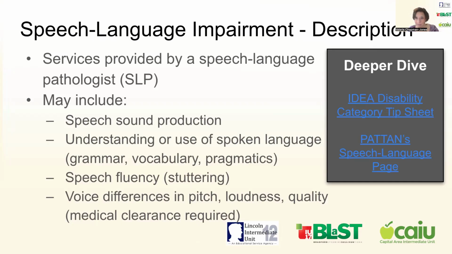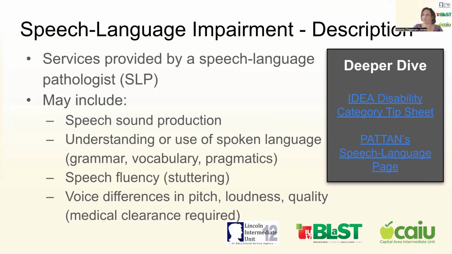Another area that you might not be as familiar with that speech language pathologists provide services in is voice differences. And they have to be differences in pitch, loudness, or quality.